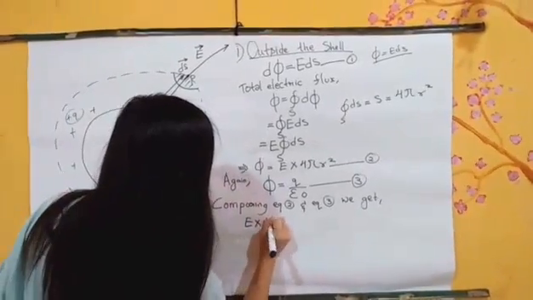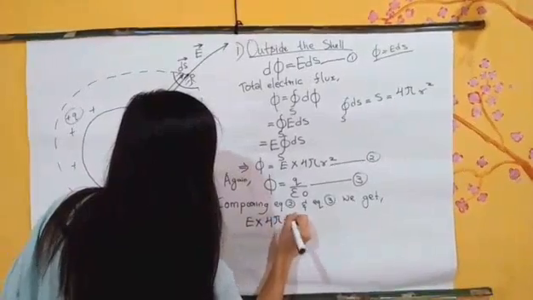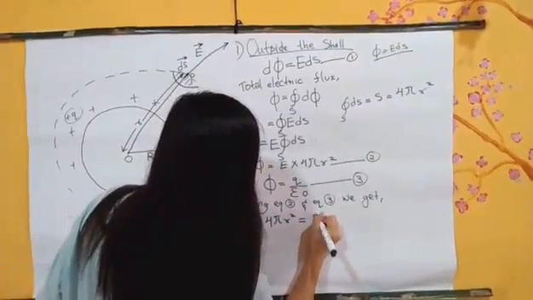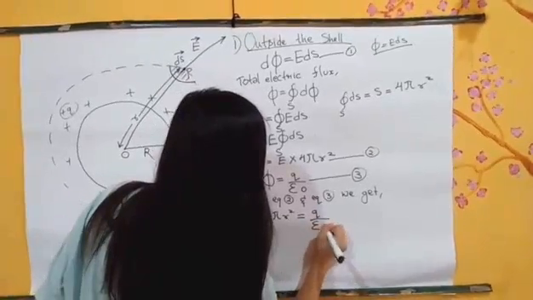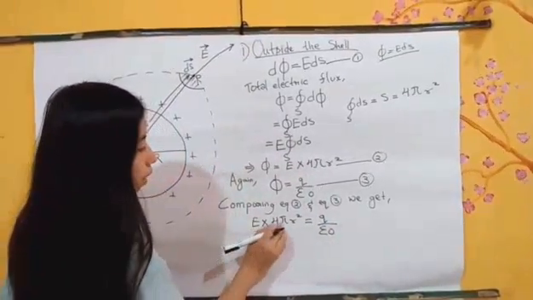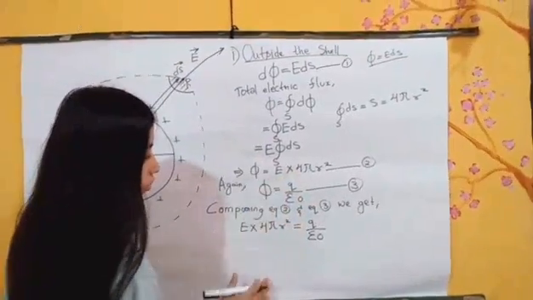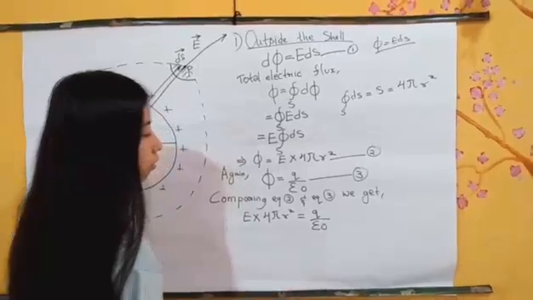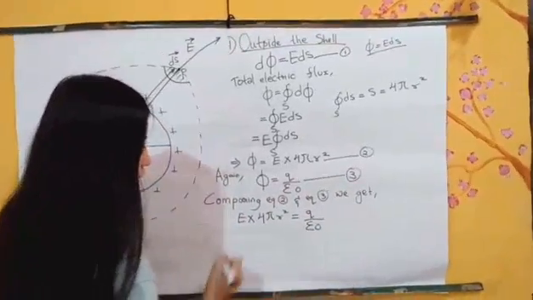E into 4 pi r squared equal to Q by epsilon naught. Here, E into 4 pi r squared is the value of phi in equation number 2, and Q by epsilon naught is the value of phi in equation number 3.